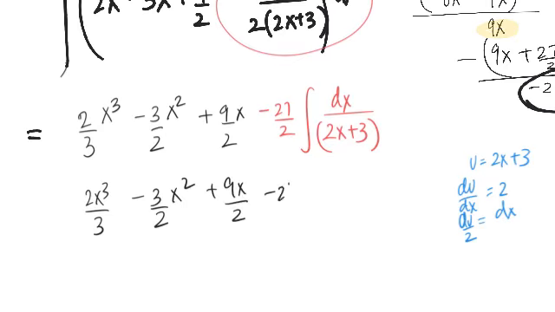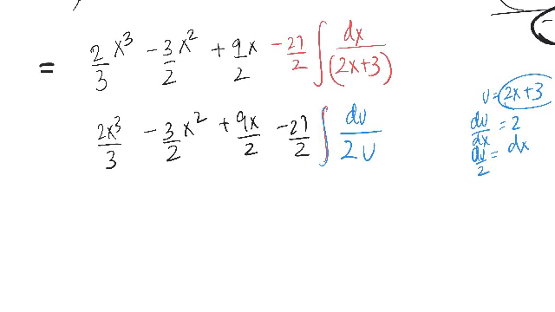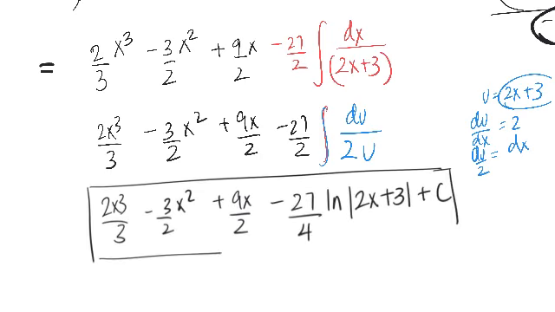So I have negative 27 over 2, and then the integral of du divided by 2, and then here's my u. So that would be it. And so, almost done, this will be 2x cubed over 3 minus 3 halves x squared plus 9x over 2 minus 27 over 4 ln u. And when I put back the 2x plus 3 for the u, I will end up with this as my final answer.